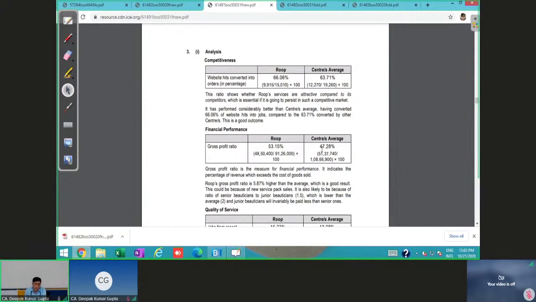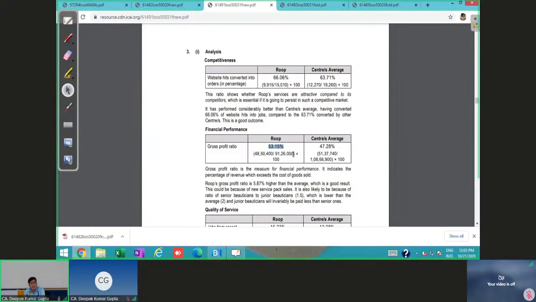This is simply a calculation. Roop's margin is higher than the average center's margin. But how is it higher? What is the reason behind this higher margin?